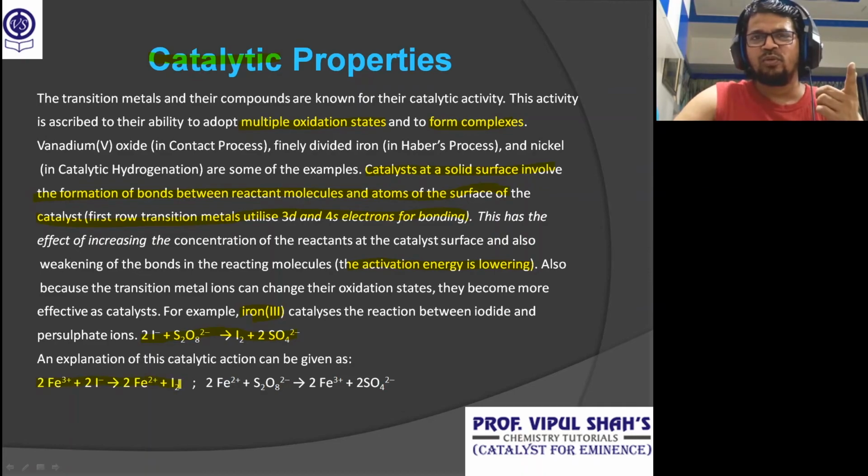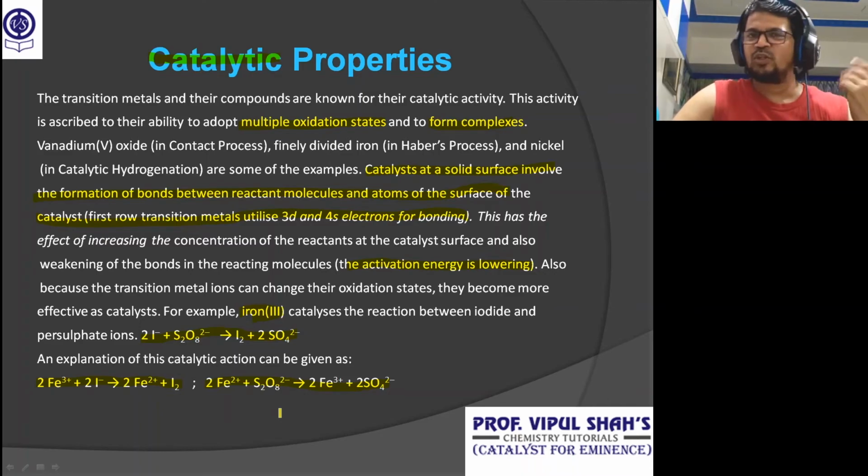Ferric, we know, will get reduced to ferrous and iodide will get oxidized to iodine. Done. Then again the same ferrous will further get oxidized to ferric and S2O8 2- will get reduced to sulfate. So the catalyst took part in the reaction, formed an intermediate. When the reaction was over, the catalyst got regenerated.